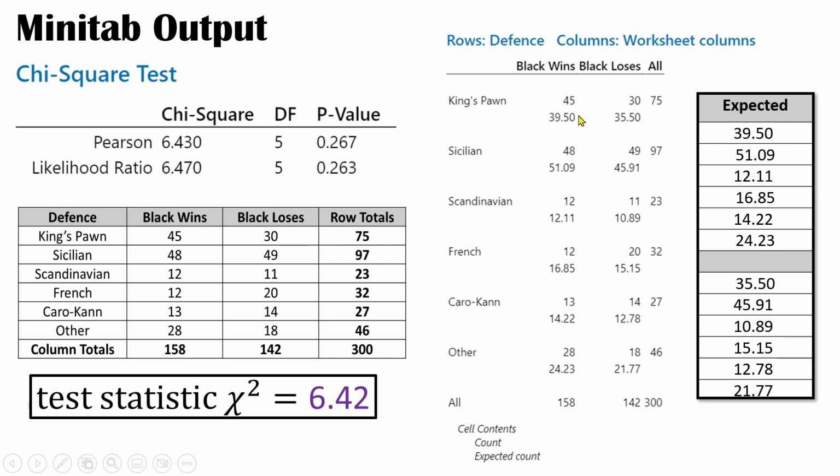So for example, in the first instance, observed was 45, expected under the null 39.5. That's the same as what we got. So we have observed, we have expected, and then in the margins here are those totals down here and here. Those are the marginal totals. So the row totals, the column totals, the grand total. So this is how you look at the table.